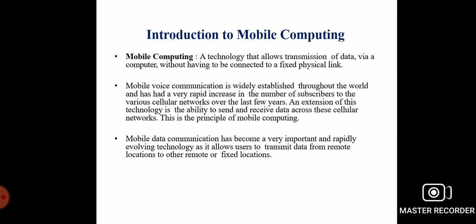The physical link, by which we take data transmission from one place to another, is called the communication medium. The communication medium broadly falls into two categories, wired and wireless. In our mobile computing technology, we use wireless transmission and wireless reception techniques. The data is transmitted through the wireless medium and received through the wireless medium.